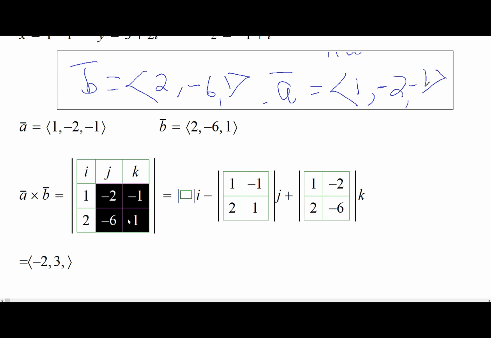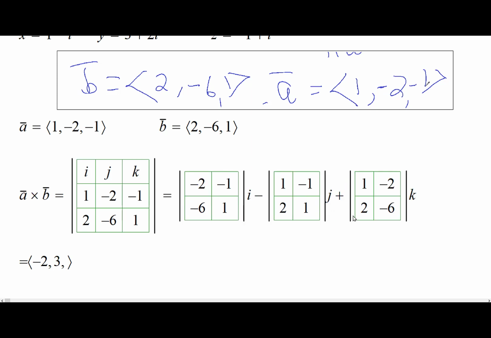That's what happens when you talk to a monitor when making these videos. So this is how much? Negative 2 plus 6 is 4, and at the end I have negative 6 plus 4 is negative 2. Okay, all right, so there we go.